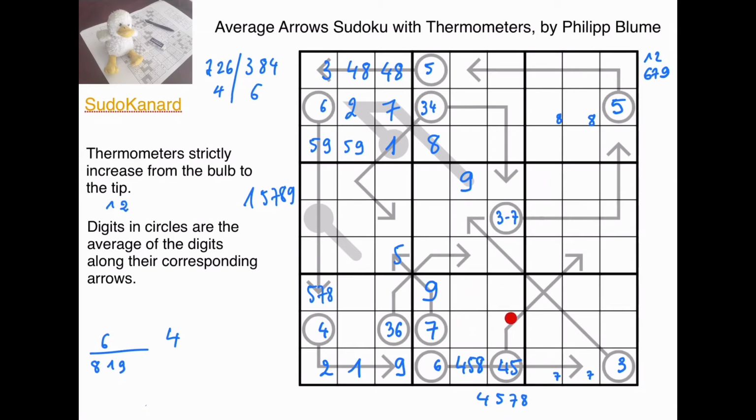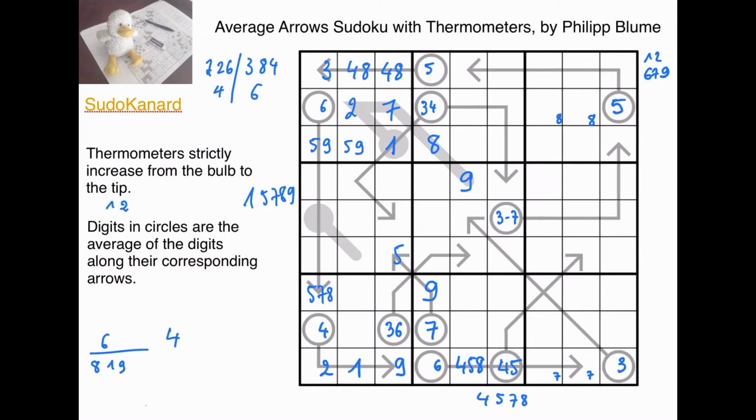We need to put 1, 2, and 3 in this space, but that's not saying much. Where should I focus? We don't have a 5 here. 5 is either here or there. But there's still 1, 7, 8, 9.